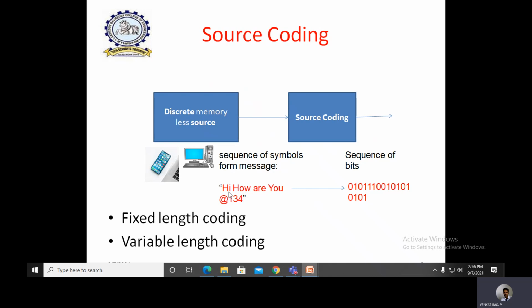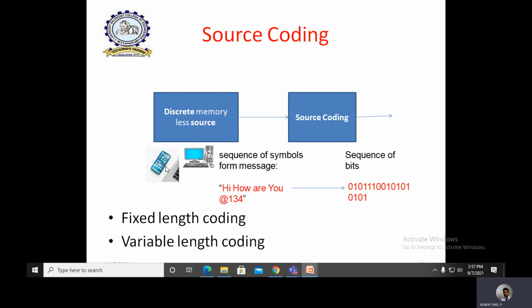So how do you type a message? For example, hi, how are you, with some name or symbols or special characters. Let us assume all these individual letters are symbols. Here the symbol may be a character, alphabet, a number, or special character, whatever it may be. All these things are known as symbols in digital communication.